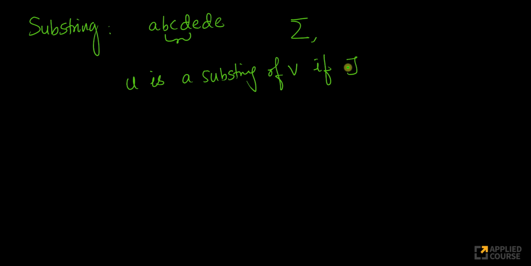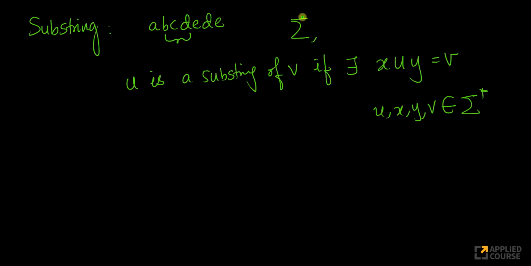Given sigma, given an alphabet, U is a substring of V if there exist X, U, Y, which is equal to V. Here, U, X, Y, V all of them belong to sigma star.